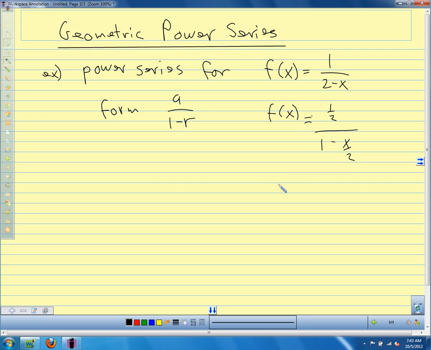Here my r is x over 2 and a equals 1/2. So this function is going to be 1/2, the sum n equals 0 to infinity of x over 2 to the n.